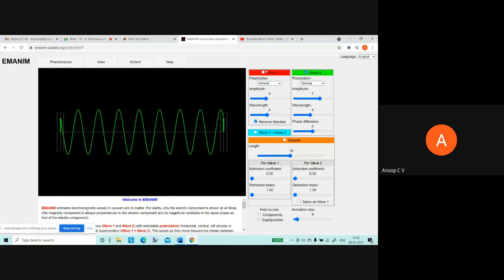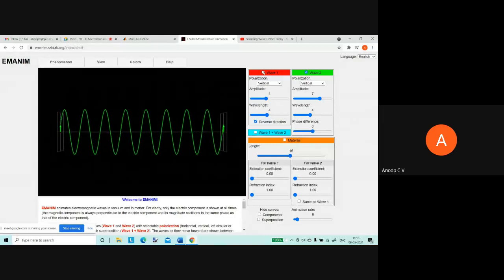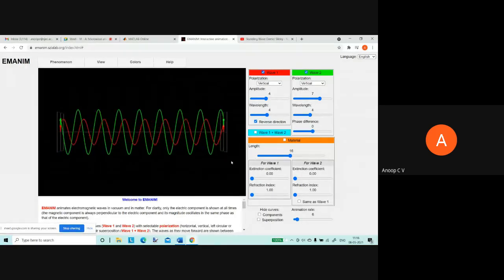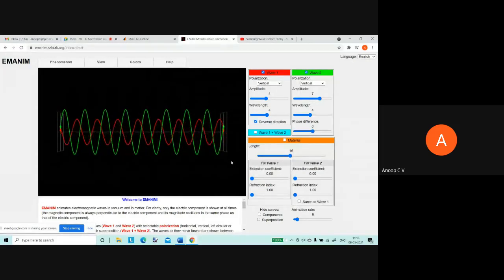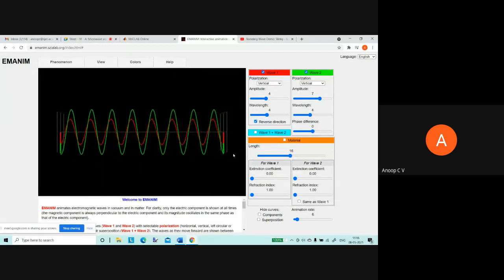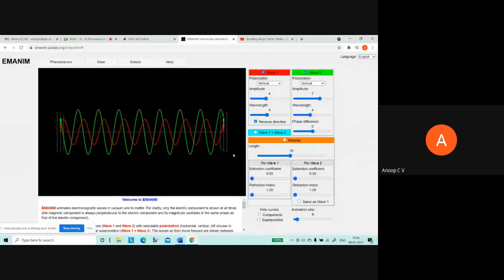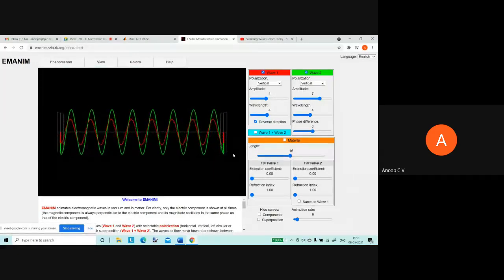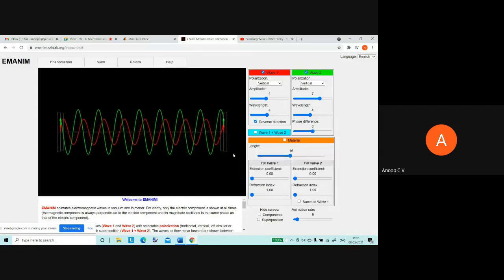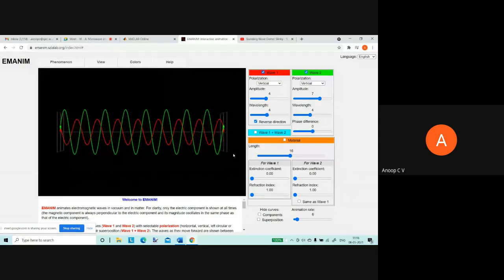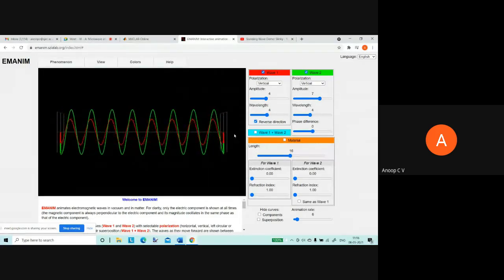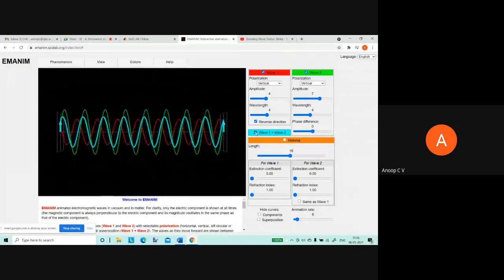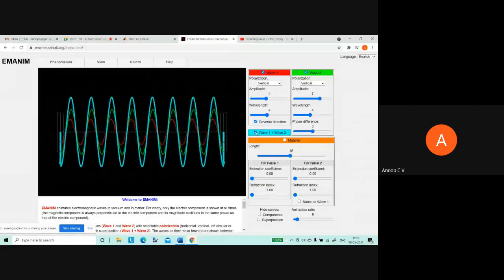I'm showing the incident wave as green and the reflected wave as red. When these two waves exist together, they superimpose. These are two different sinusoids, and when they are added, they result in a new sinusoid. That new sinusoid is called a standing wave.